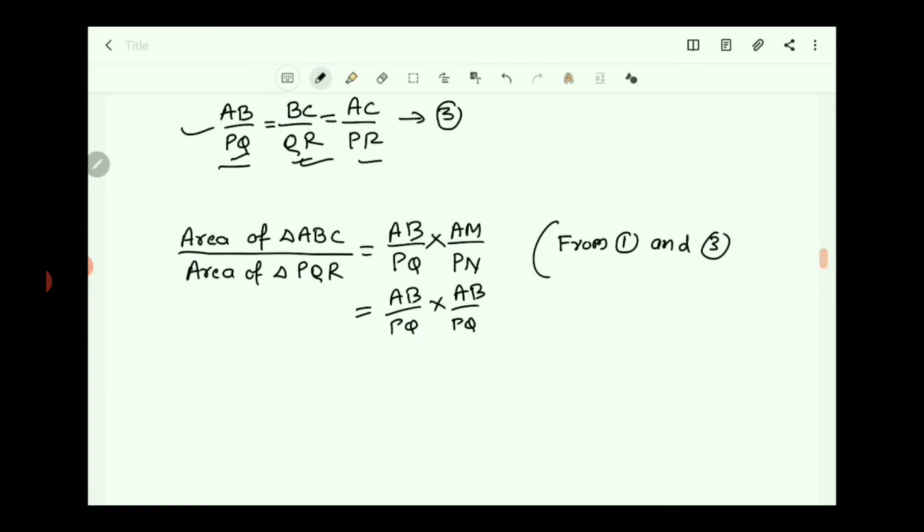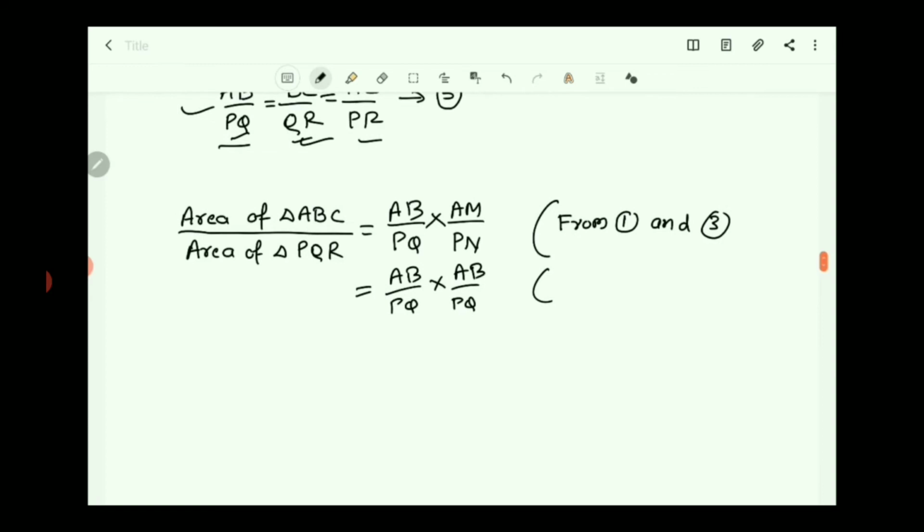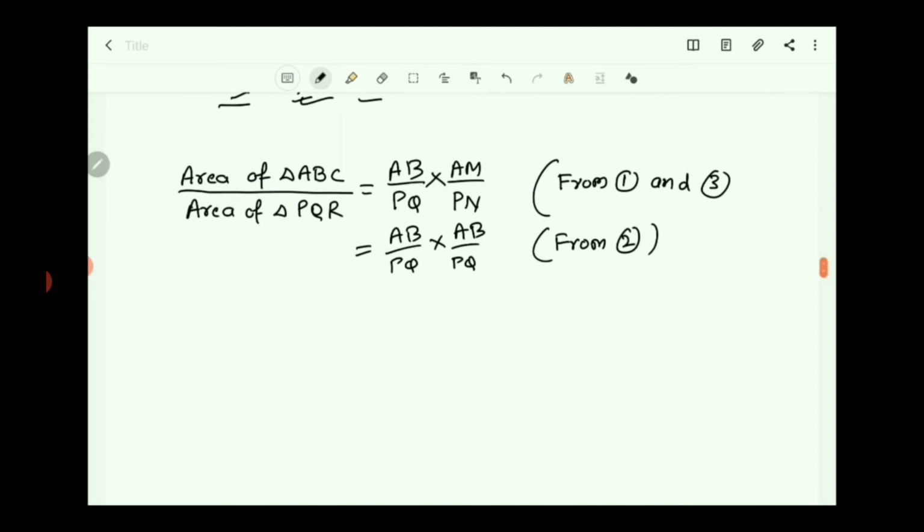Now it becomes AB by PQ into AB by PQ, which is AB by PQ the whole square.